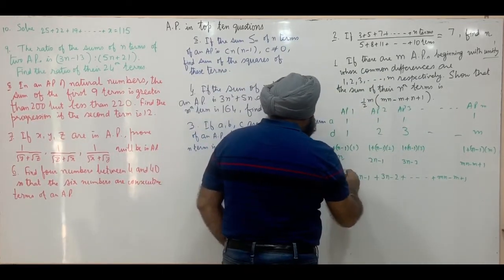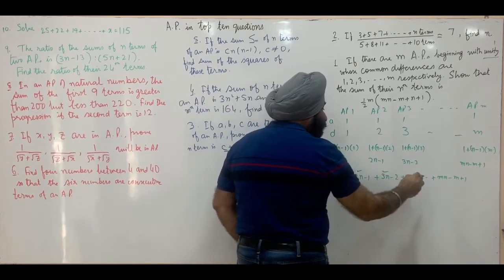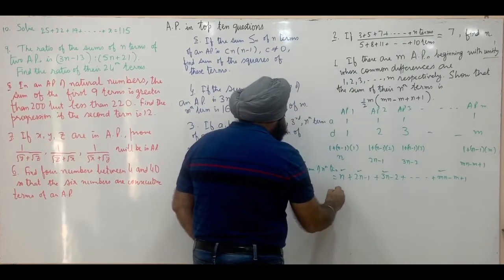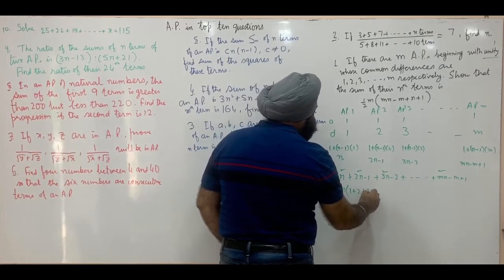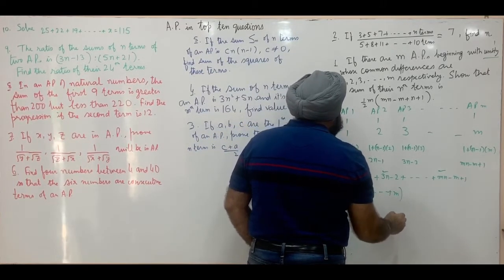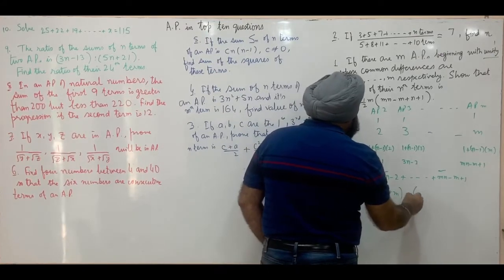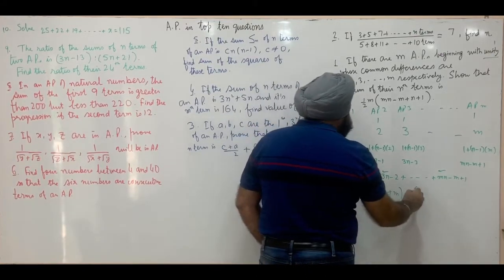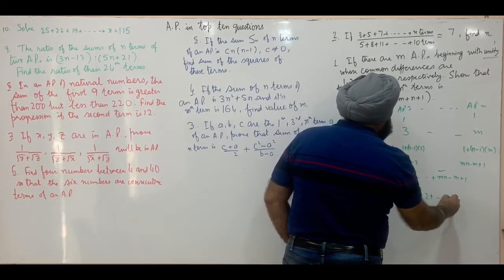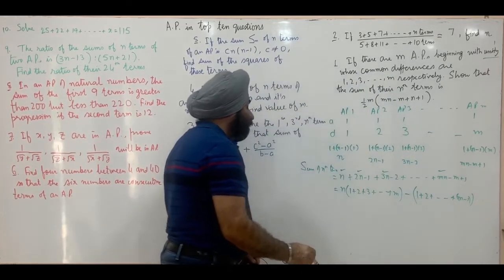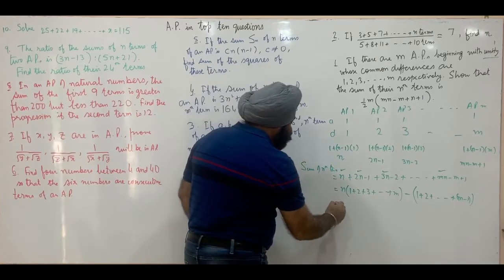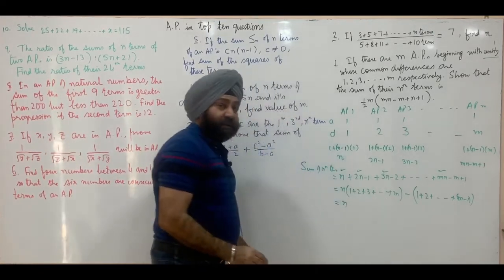So from terms containing n, we can take n common. This n outside, it's 1 plus 2 plus 3 up to m. Next, minus, it's 1 plus 2 and so on, up to m minus 1. So this is n into 1 plus 2 plus 3 up to m.